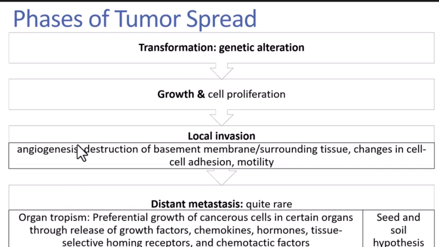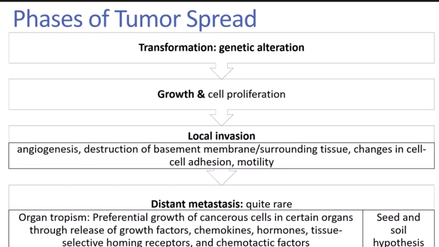And what they'll do is they'll release different factors such as growth factors and chemokines and hormones, chemotactic factors, all different chemicals that will encourage its growth and its survival. Chemokines are just a class of cytokines.